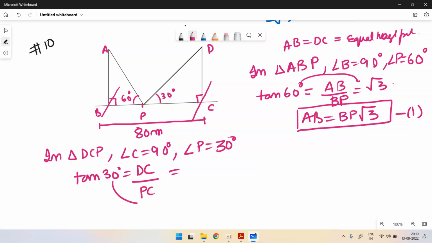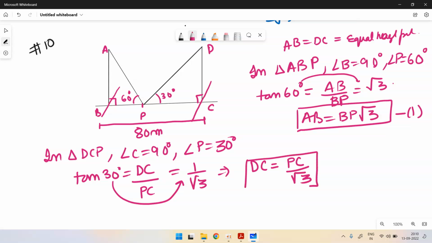And you know that tan 30 degrees is 1 by root 3, which implies that DC equals PC by root 3. This is my second equation.